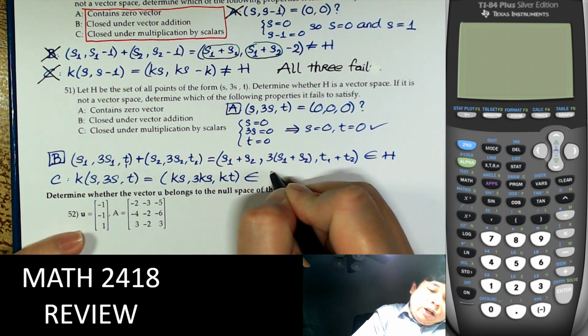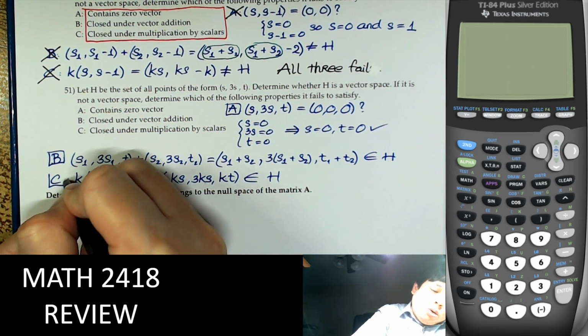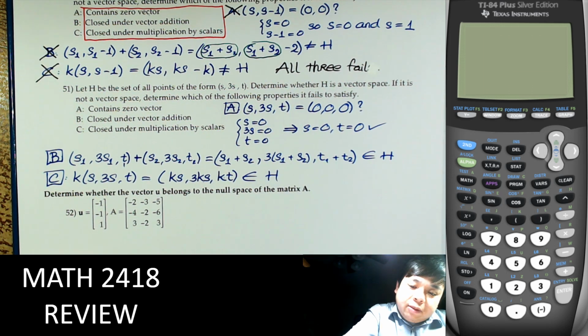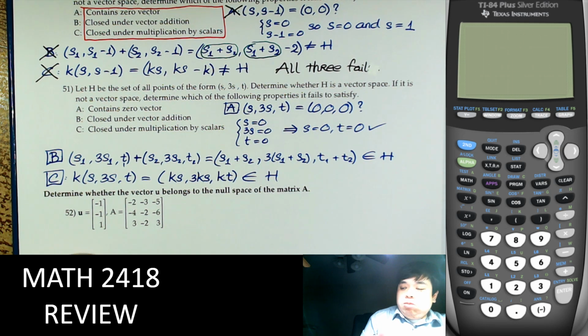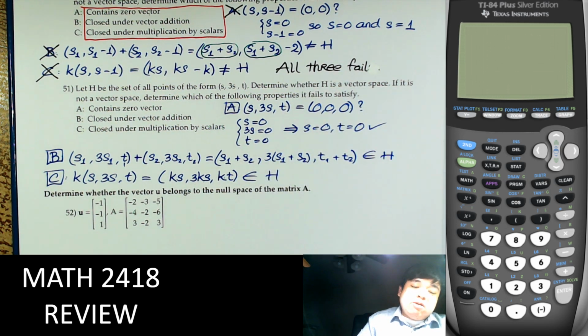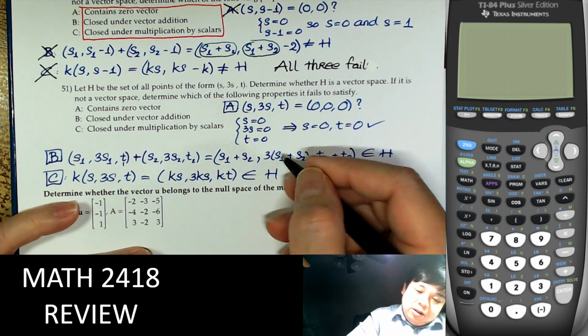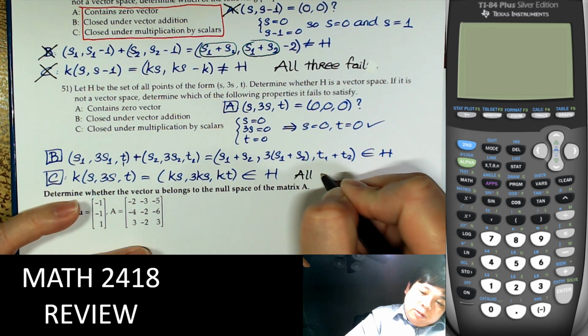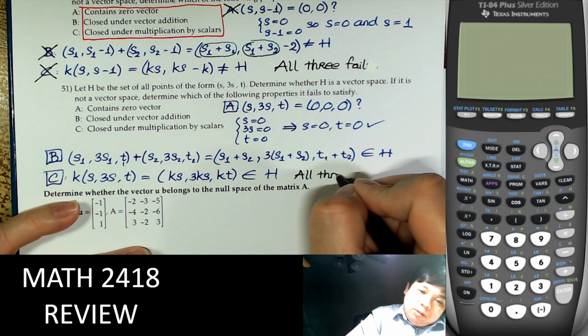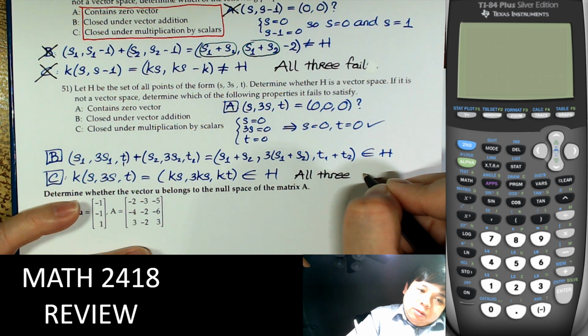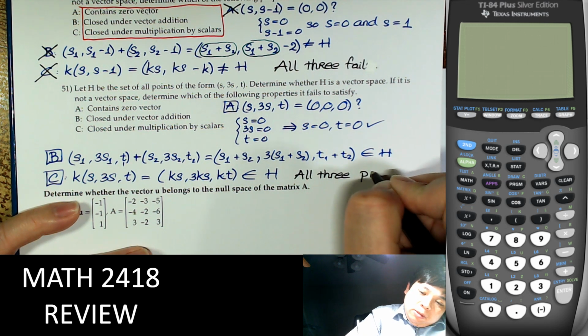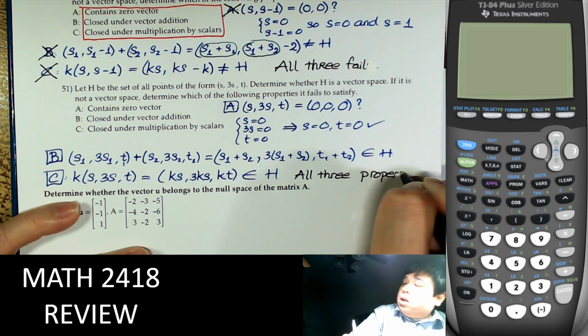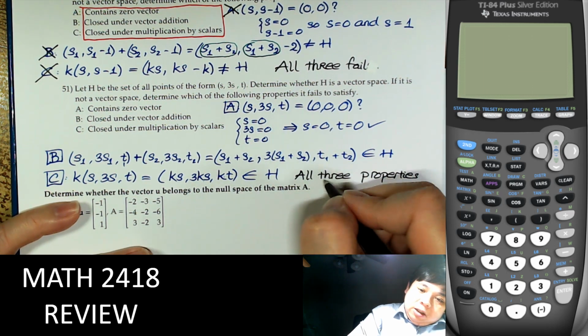This is also in H. So we say this one is closed under scalar multiplication. So all 3 properties are satisfied.